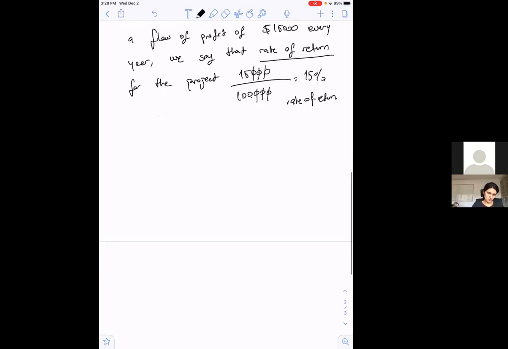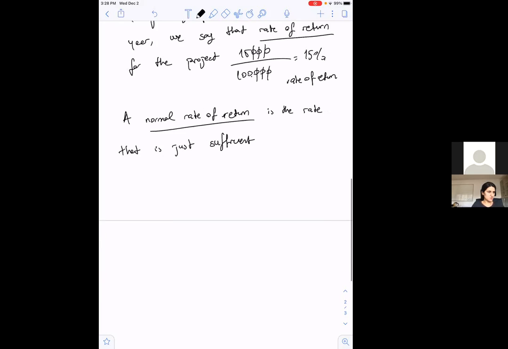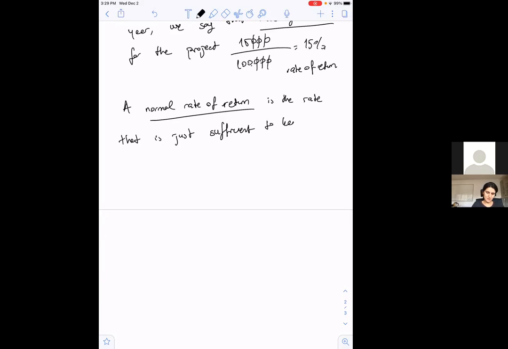Now, what is a normal rate of return? A normal rate of return is the rate that is just sufficient to keep owners and investors satisfied.